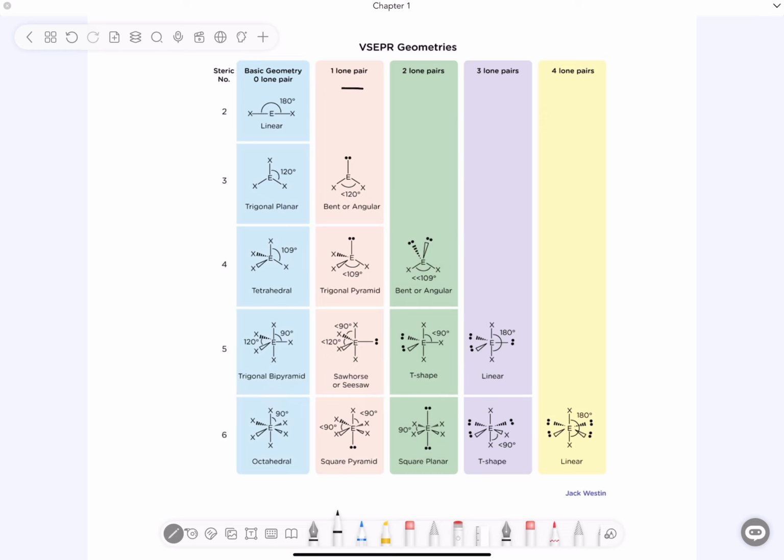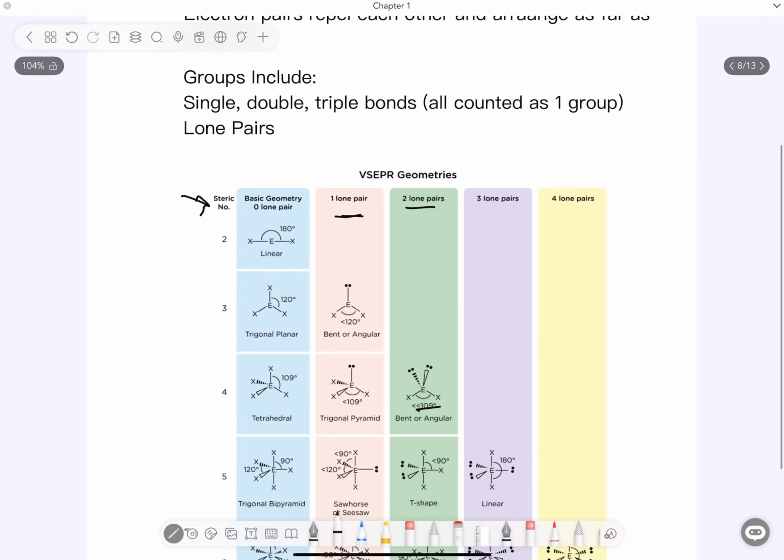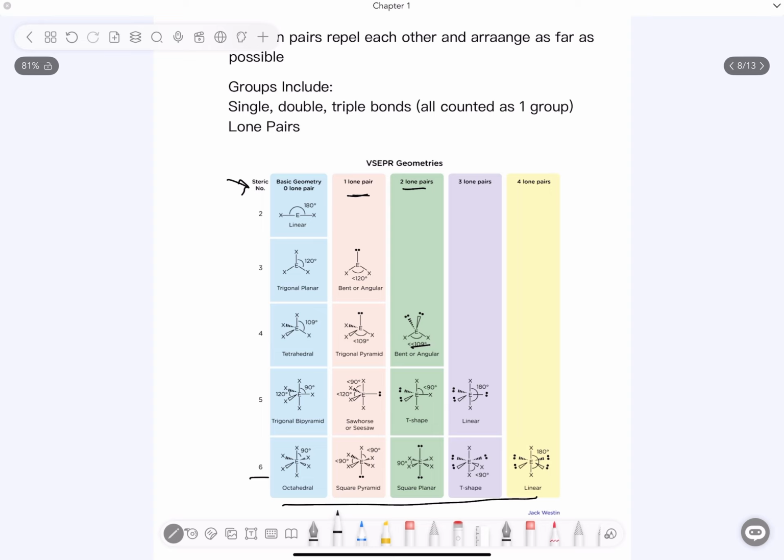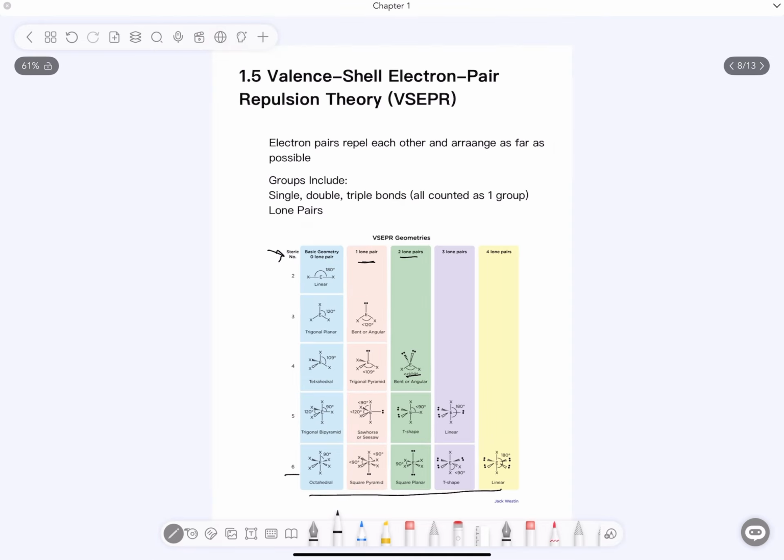But what you need to know is each of these shapes, the steric numbers they have, which is just electron densities like lone pairs or bonds, the number of lone pairs each one has, and the angles for each. Yeah, and that's all you need to know for all of these. I know it sounds like a lot, but it's a lot easier once you get going and start recognizing it.